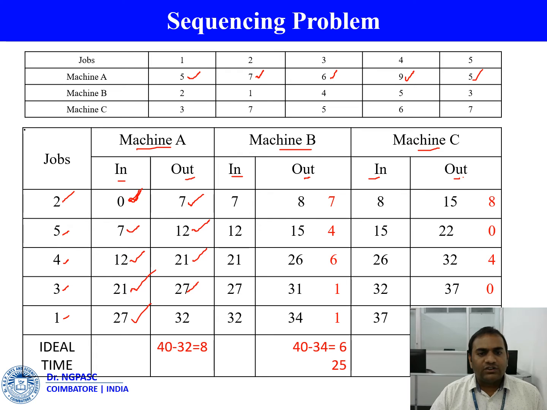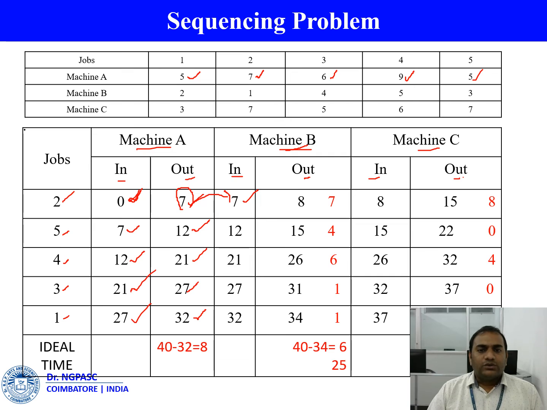So 27 plus 5 is 32. Okay. Next we move to machine B. Time in of machine B is 7, because after completing job 2, the output value goes to the input of machine B.